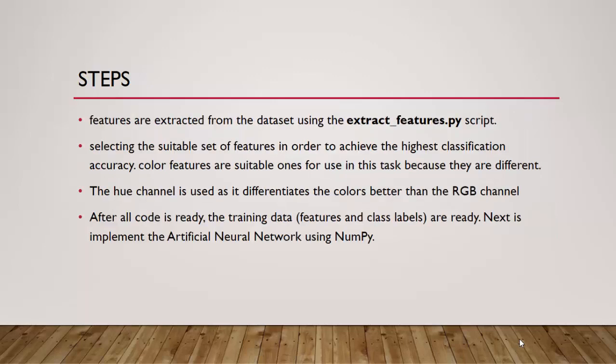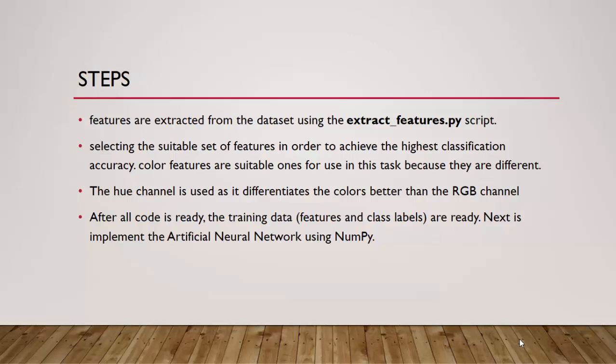Continuation of the steps, we used features extracted from the dataset using the extract features.py script, as you'll see in the coding, selecting the suitable set of features in order to achieve the highest classification accuracy. Color features are the suitable ones to use in this task because colors are different.